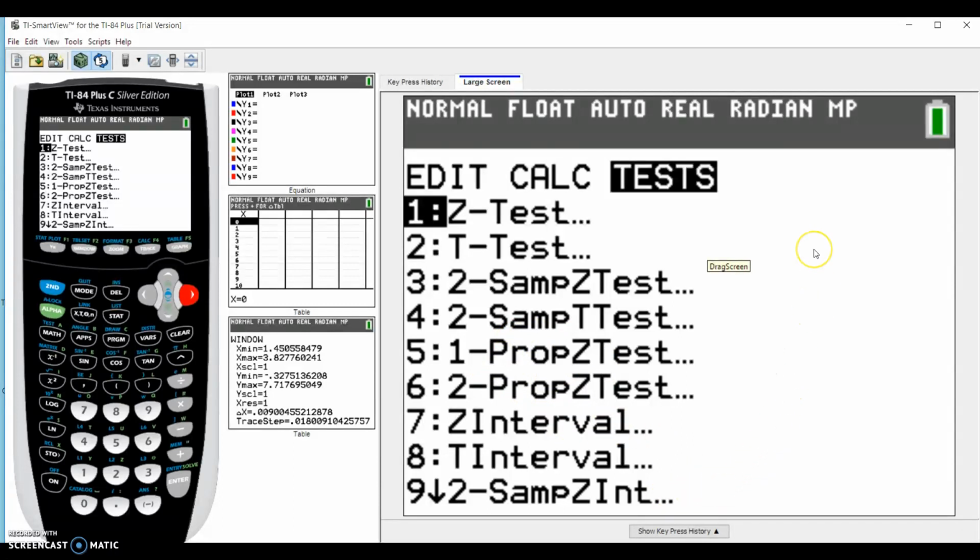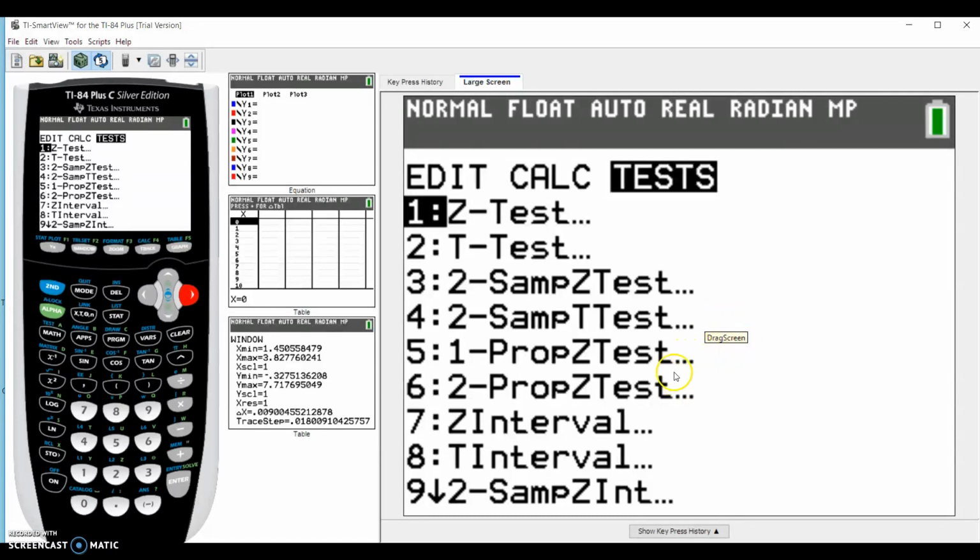So those are all ones that are z intervals for means, and we would only use those if we know the population standard deviation. So the ones that you would use a t-test. That's if you have a single mean and you're doing a hypothesis test. The 2-sample t-test is if you have 2 means and you're doing a hypothesis test.